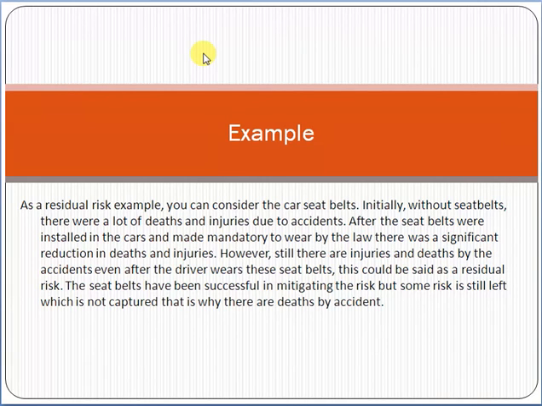So friend, residual risks are those risks which still exist, which still remain after the response planning of a risk. That is the concept of residual risk in project management. So remember one thing, it is a risk which still exists after the response planning of risk. That is called the residual risk.